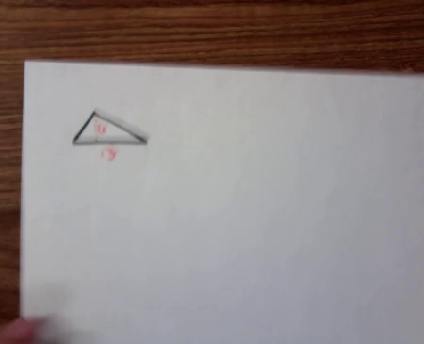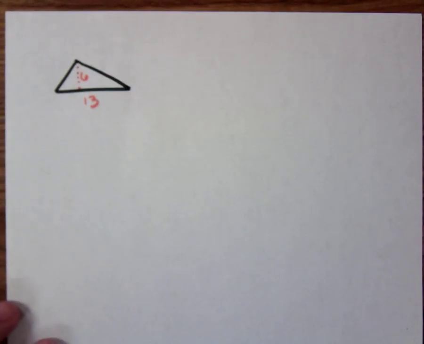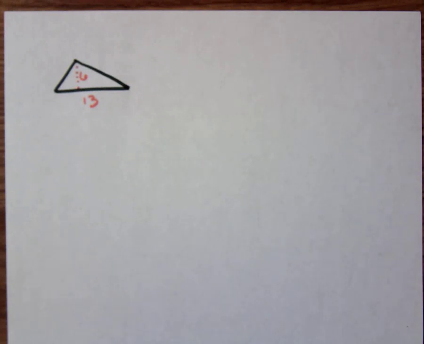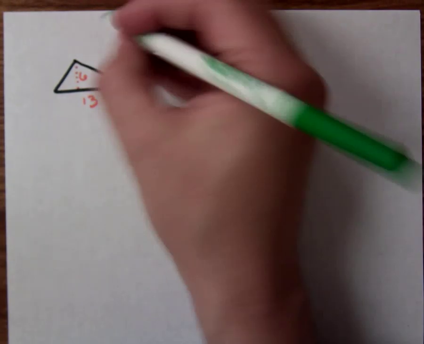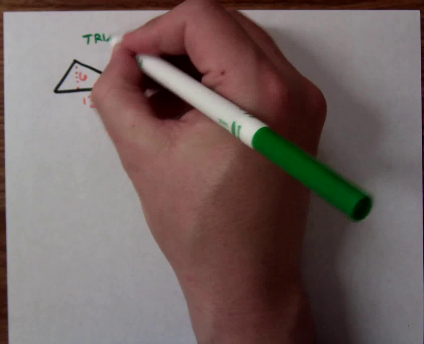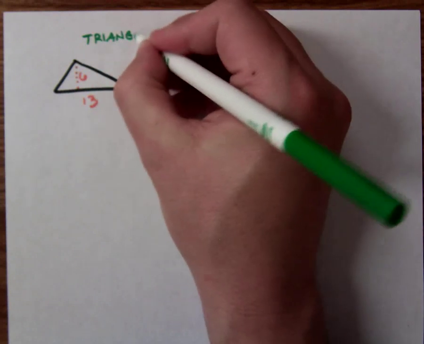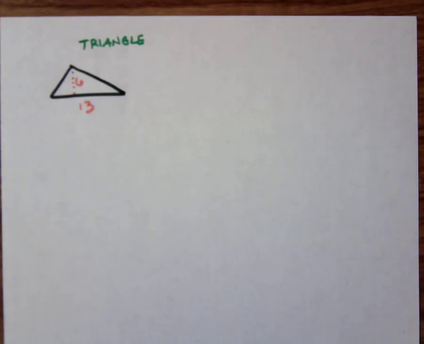Let's try a triangle. I'm going to tell you the height of this triangle is 6, and the base of this triangle is 13. All right, what do we do?